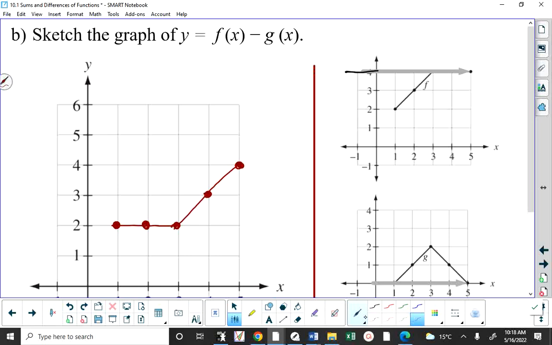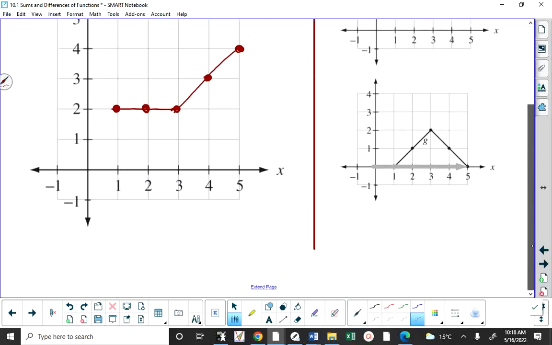Because let's face it, when you subtract two things and then you change the order in which you subtract them, you get the negative of what you got. So all of these y coordinates would be opposite. What g minus f would look like is that, roughly. I didn't do a brilliant job drawing it, but it would look like that. So a vertical reflection can be accomplished when you subtract functions by subtracting them in the opposite order.